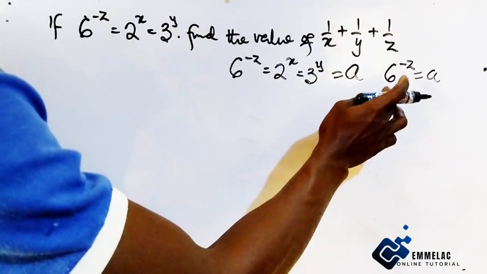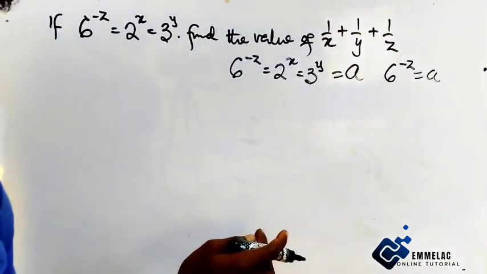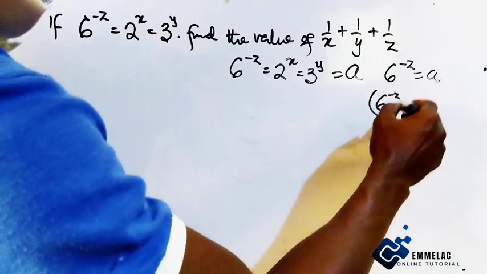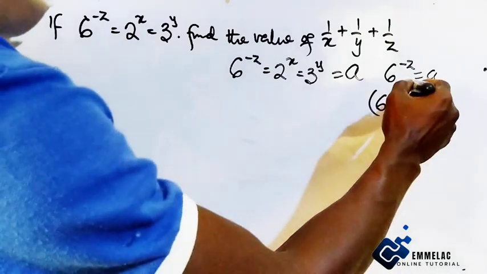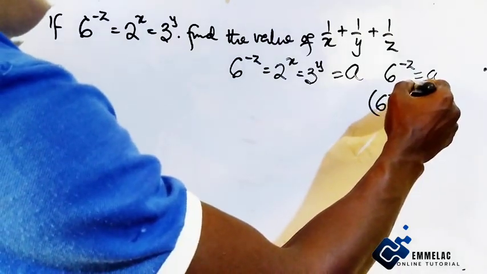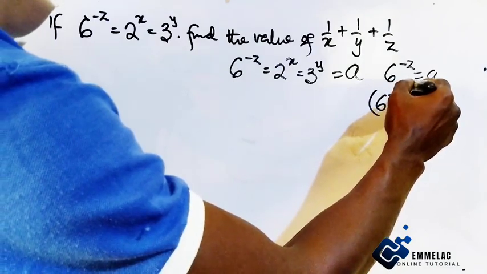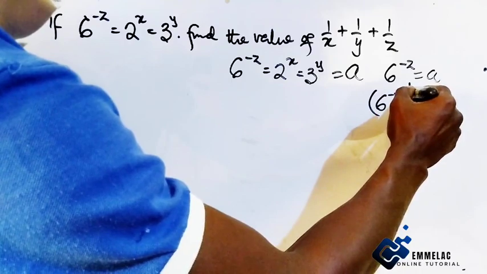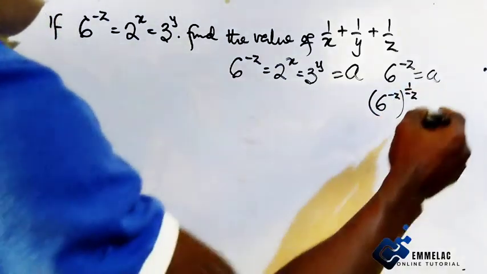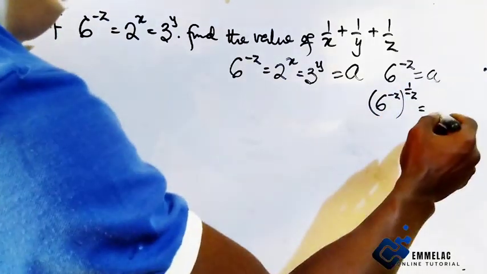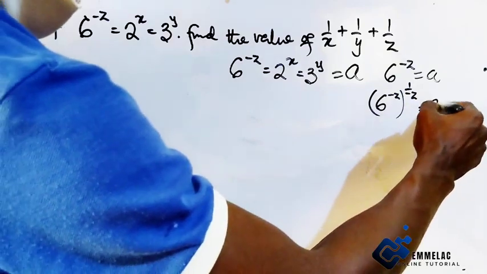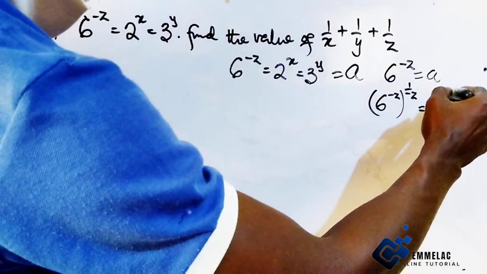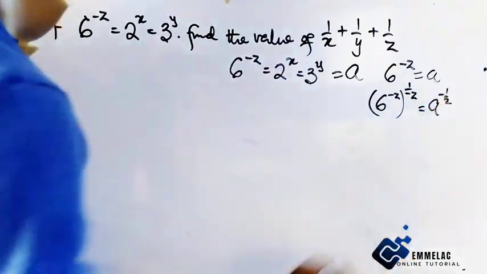Solving this here, we multiply by the inverse of this power, that will be 1 over minus z. Then you do the same thing here, all raised to the power, you multiply by minus 1 over z.